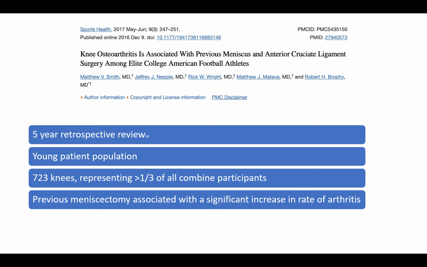This included greater than a third of all Combine participants during their 5-year period. Either through plain x-rays or MRI, they noted that athletes who underwent a previous meniscus procedure had a significantly higher chance of showing signs of arthritis in the ipsilateral knee. This number was 25% or higher, regardless of the department in which the procedure was performed.